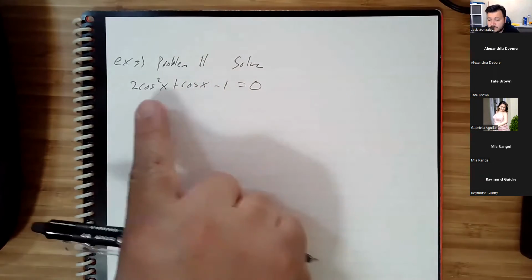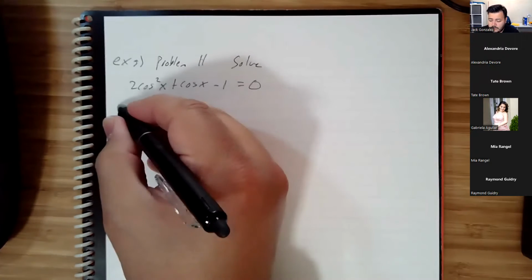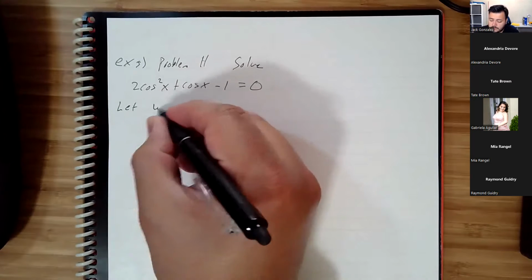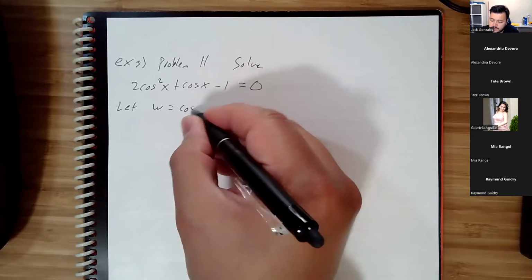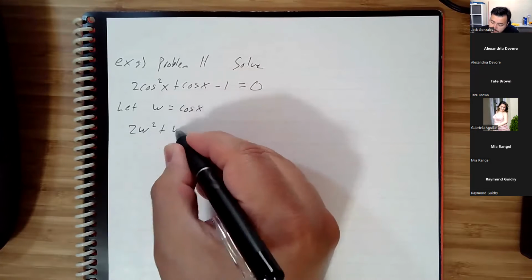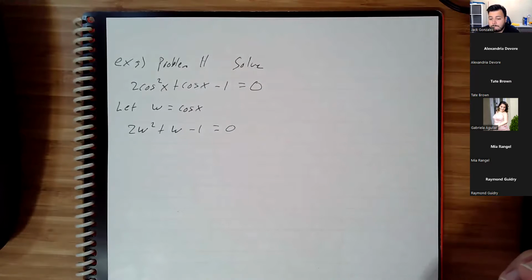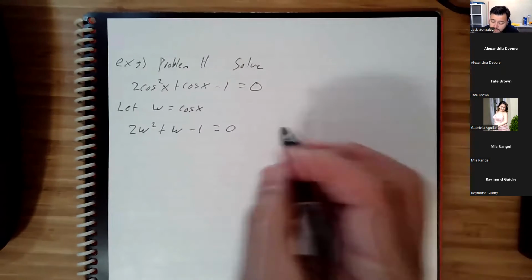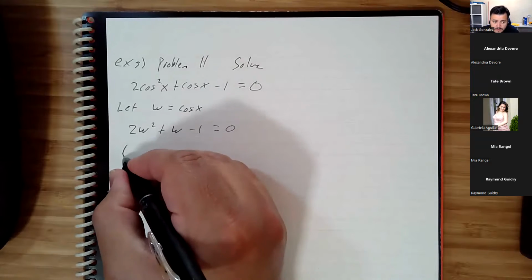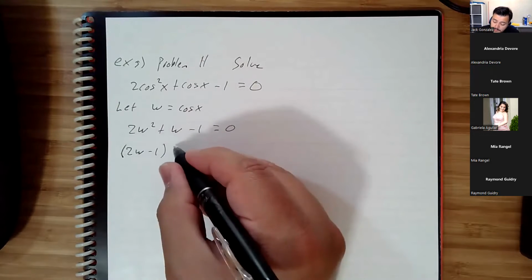So this should look familiar. It looks like a quadratic equation, right? And to make it more obvious, you can do a substitution, like w equal cosine. So 2w squared plus w minus 1. Factor, right? If you do your trial and error or AC method, I don't really care what you use, you'll end up here.